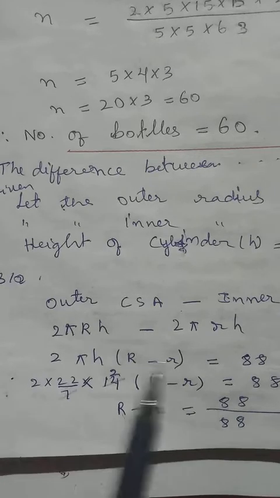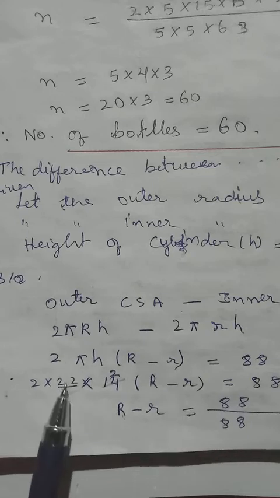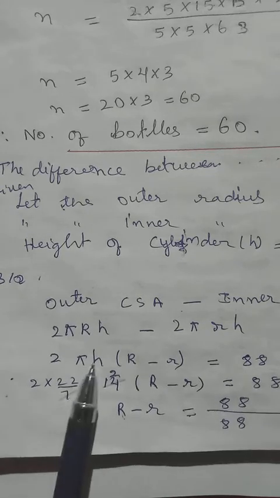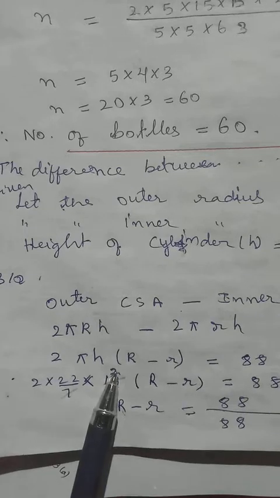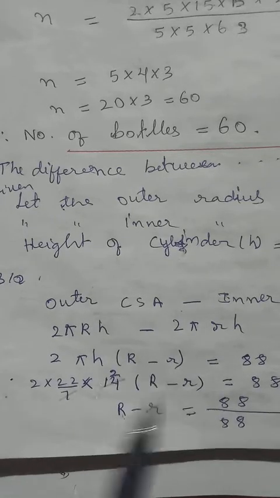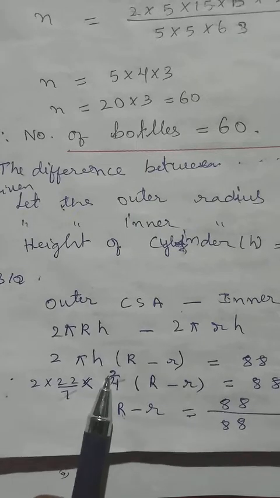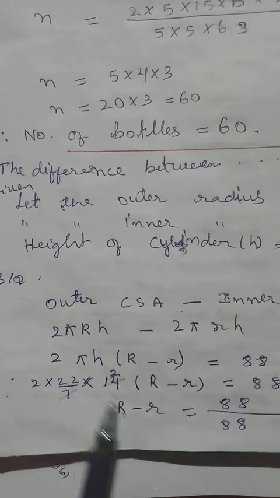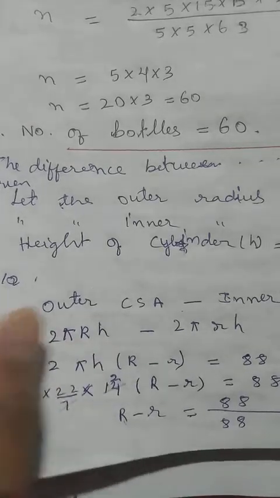We are left with capital R minus small r. Then pi we know is 22 by 7, h we know is 14. So 7 cancels 14, we get 2. So 2 into 22 is 44, 44 into 2 is 88. Taking the 88 to the other side it becomes divide, 88 divided by 88 gives 1. So R minus r equals 1, that is equation 1.